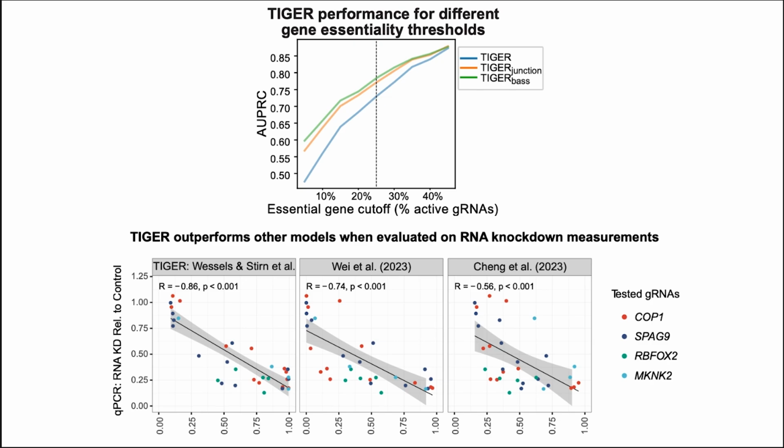So this is showing on the x-axis predicted efficacy, and the y-axis is different knockdown outcomes, actually here just quantified by qPCR for some different genes that we investigated individually. We get better correlation than these competing methods, so we seem to do a little better at predicting which guides are going to work in a quantitative way.